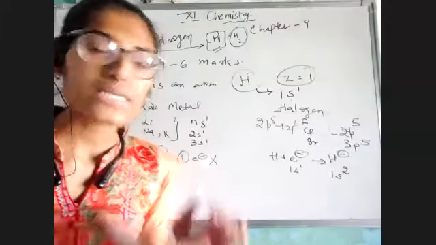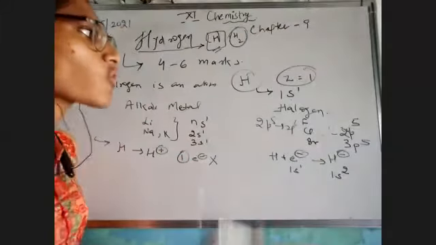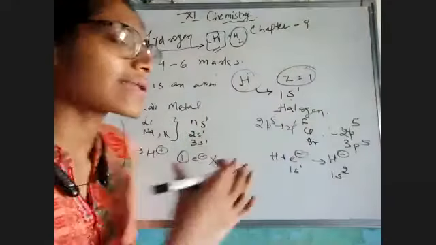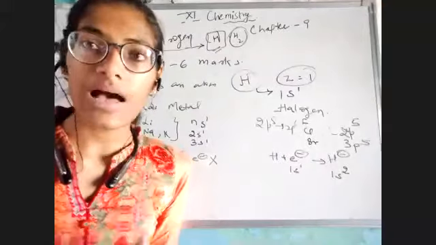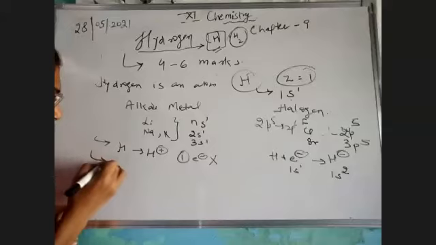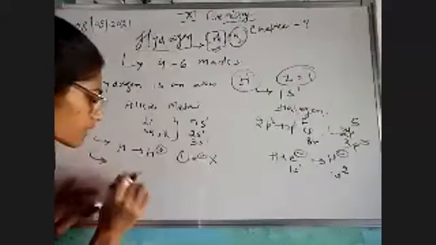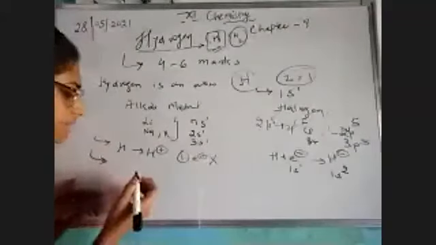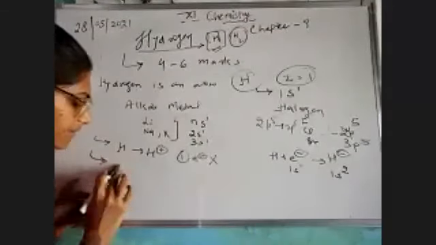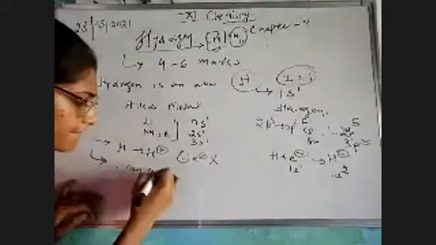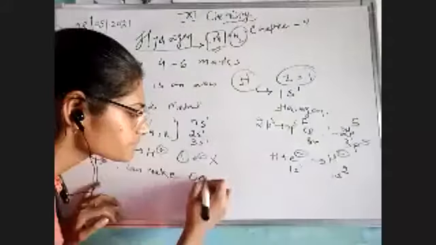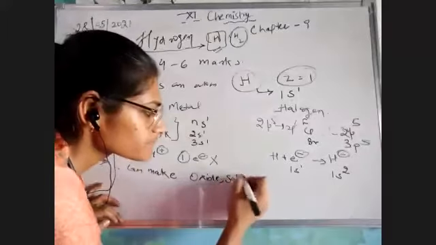Not only this, there are so many physical properties of hydrogen which somewhat relate to alkaline metal and somewhat relate to our halogen. Let's see how. The first point: hydrogen, like alkaline metal, can make oxides, sulfides.